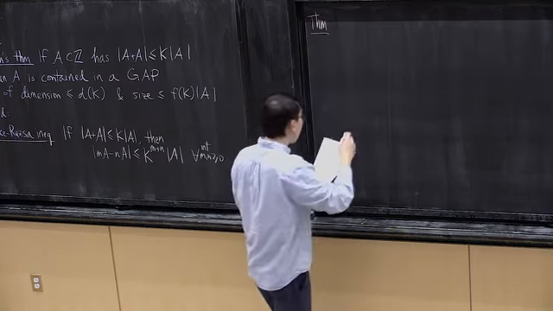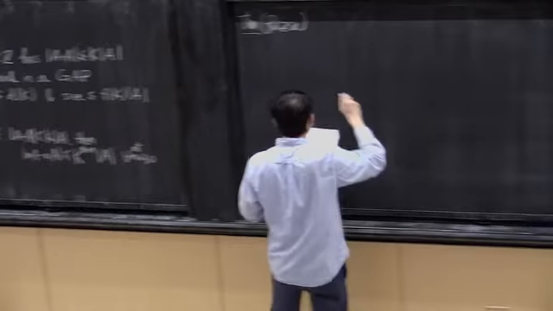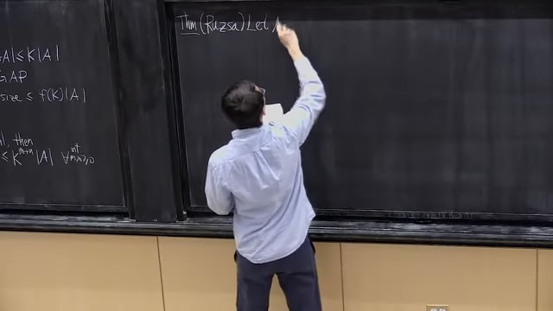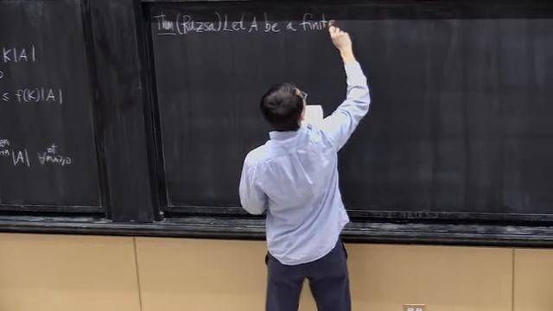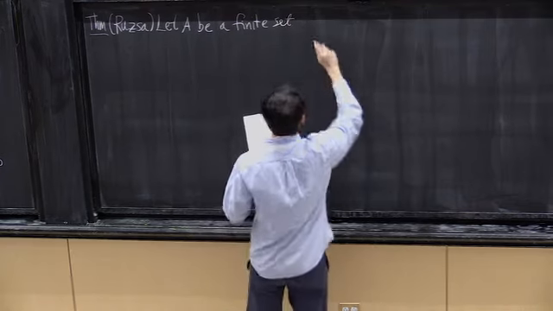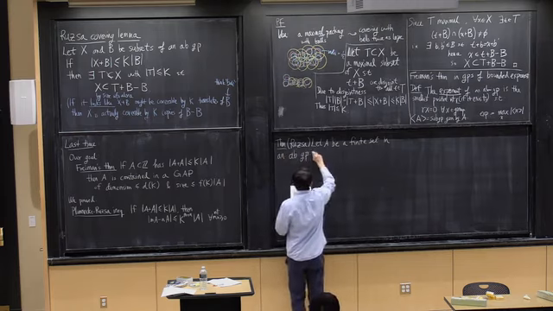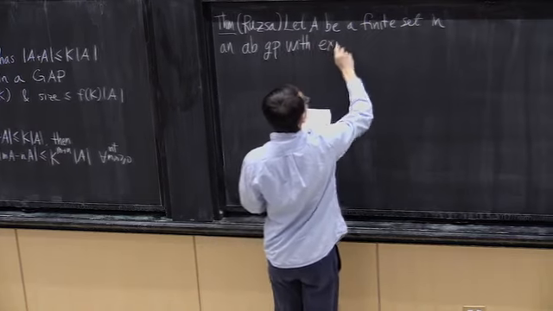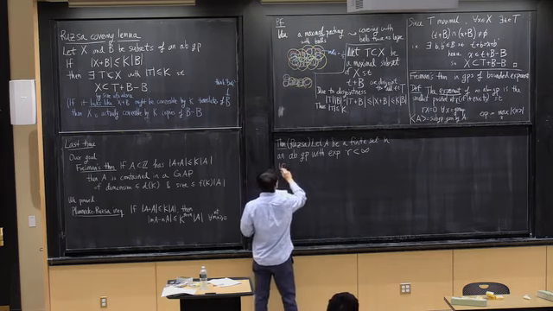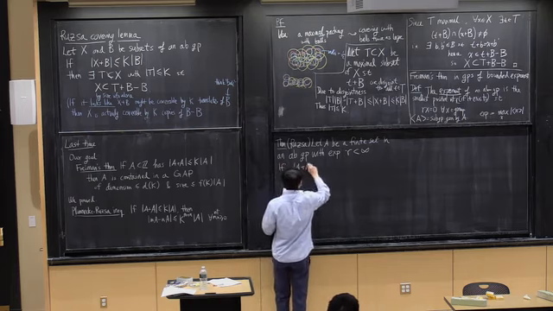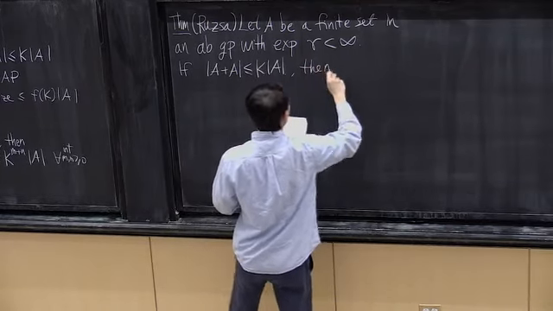And Freiman's theorem in this case is due to Ruzsa, who showed that if you have a finite subset A in an abelian group with exponent r, so finite exponent, and if A has doubling constant at most K, then, okay, so what do we want to say?